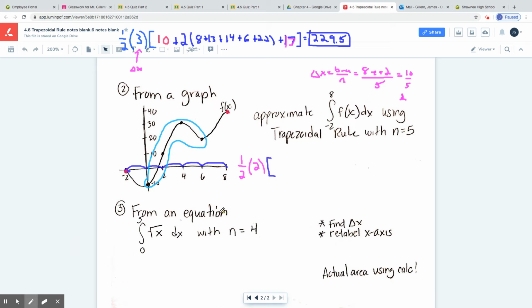So first y value is 0 plus 2 times, all right, now let's put in all of these. That first one's negative 10 plus 10 plus 30 plus 20.